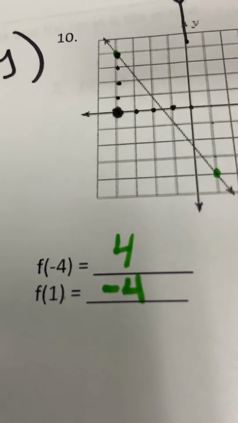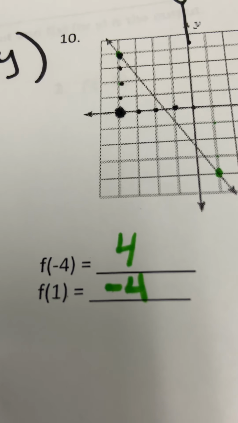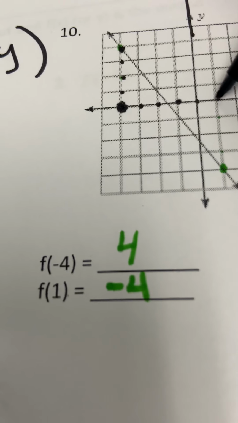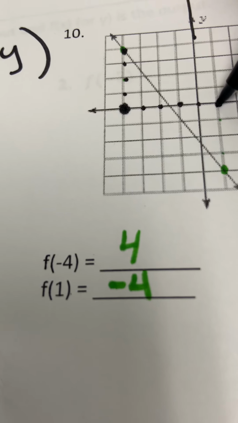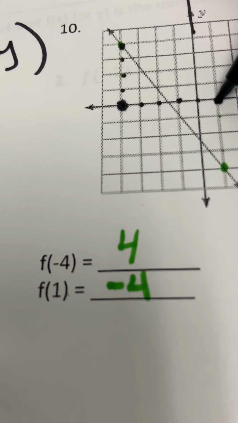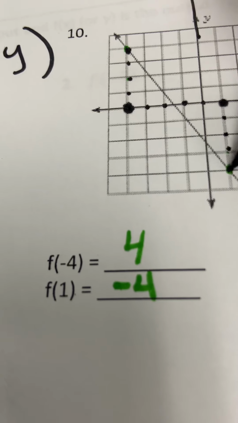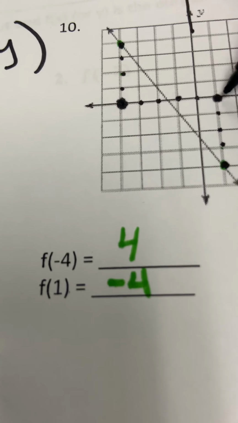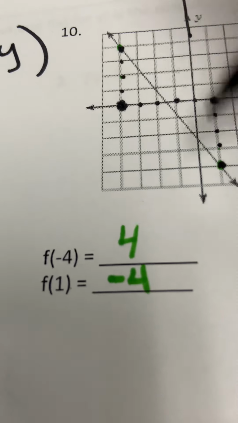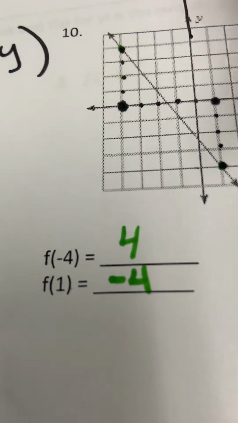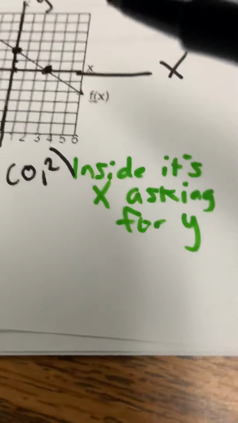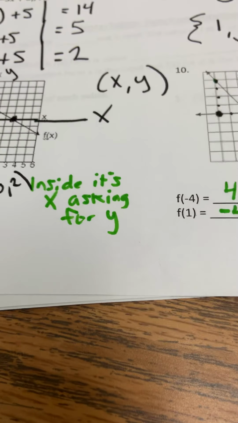So now when x is 1, what is my y value? So if this is 1, my y value is going to be 0, 1, 2, 3, 4. And this is negative. So when my x is 1, my y is going to be negative 4. And this one, if you have a hard time, I know this is kind of a little weird.